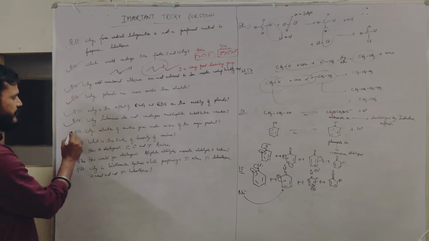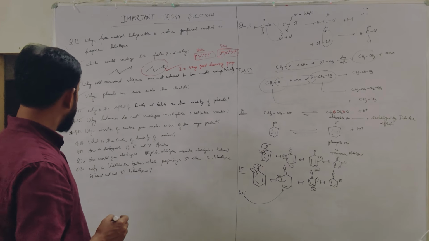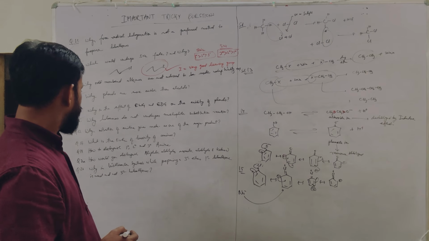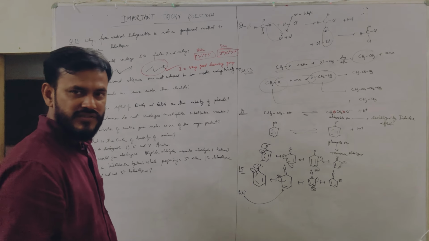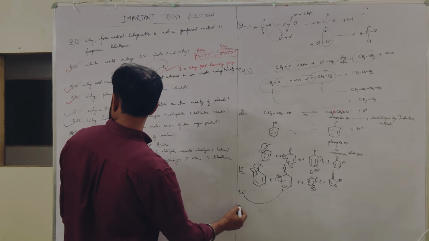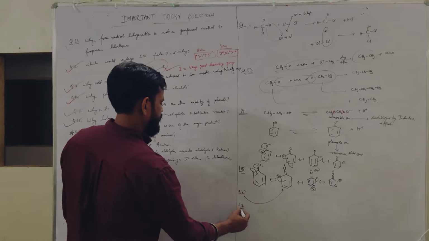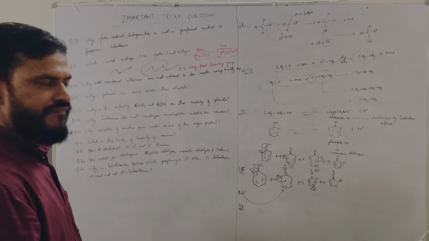Now we come to a very important question. Nitration of aniline gives meta as one of the major products. So how to explain that?